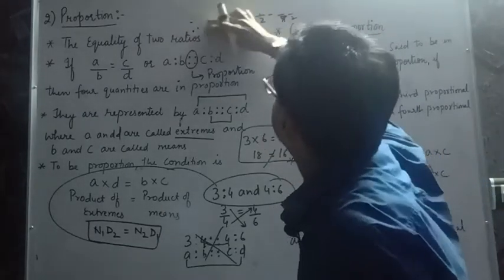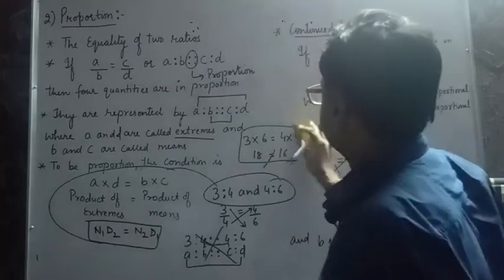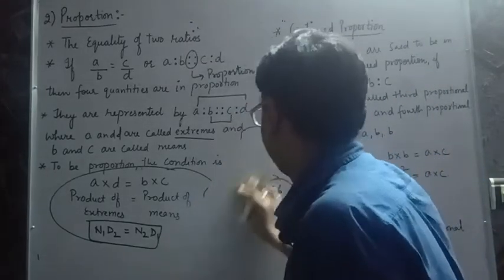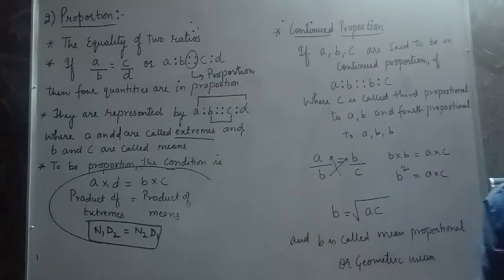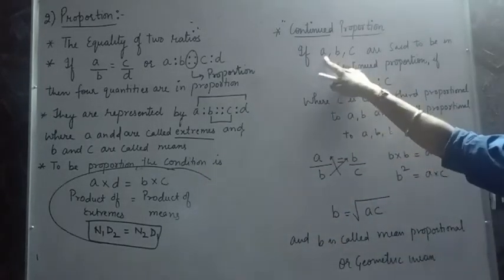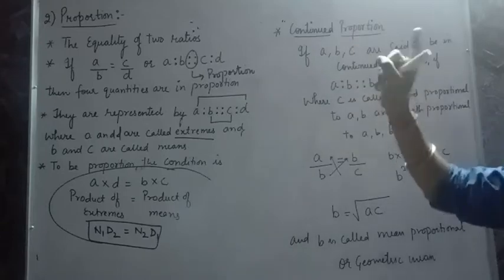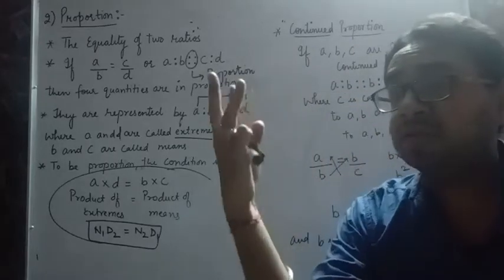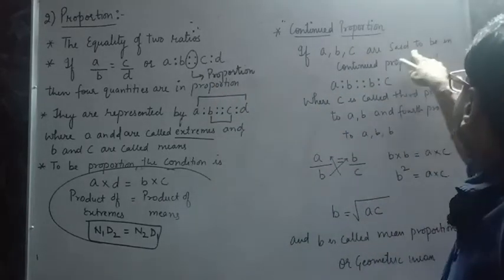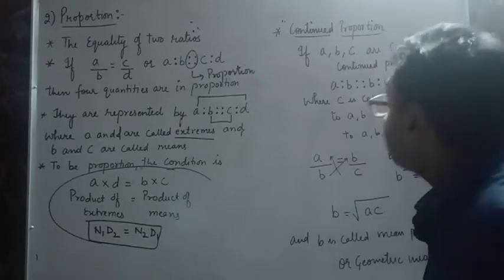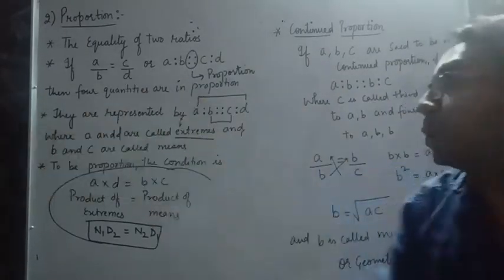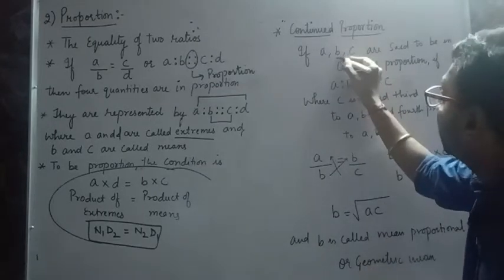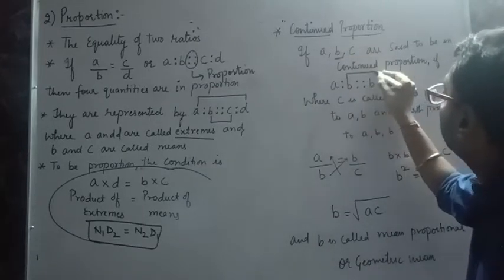Now let's understand the next type of proportion, that is continued proportion. Continued means something needs to be in continuity. If I have A, B, C, I am not considering the D part, only three numbers, they are said to be in continued proportion if A ratio B is proportionate to B ratio C. What I did is, the number coming in between, I repeated two times.